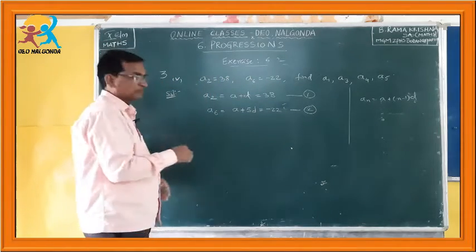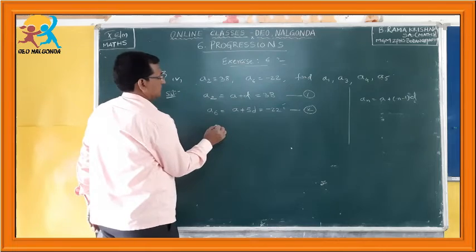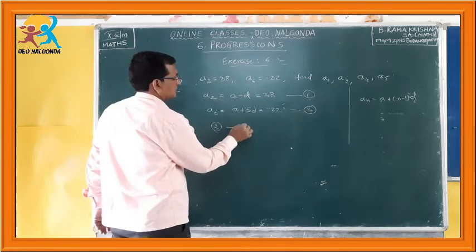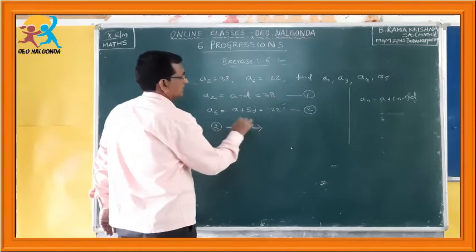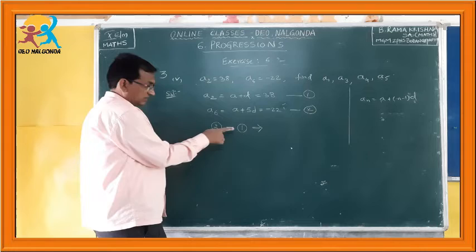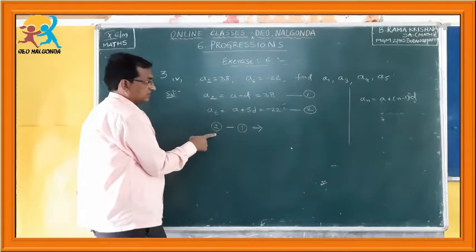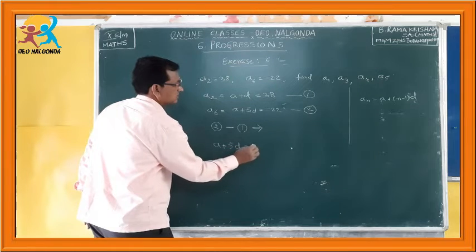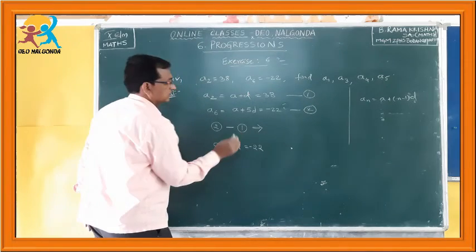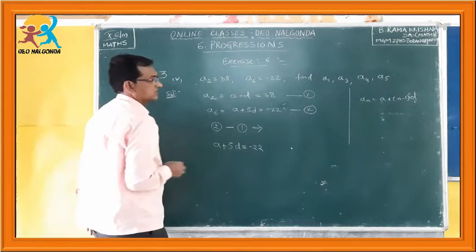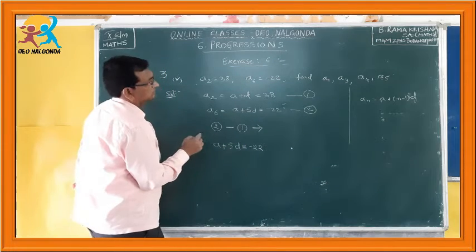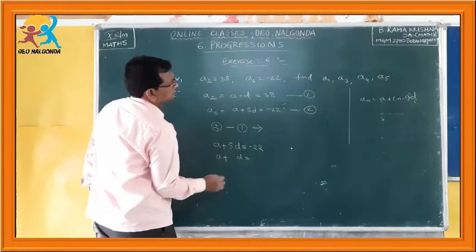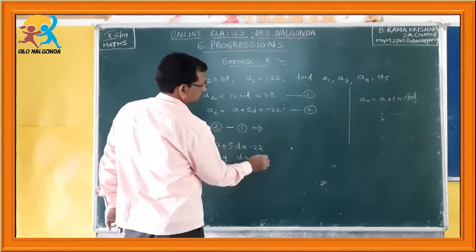Okay, let us see. So, I am writing like this: second equation minus first equation implies, means subtracting the first equation from the second equation. So, I am writing the second equation first. a plus 5d is equal to minus 22, that is given. a plus d is equal to 38.